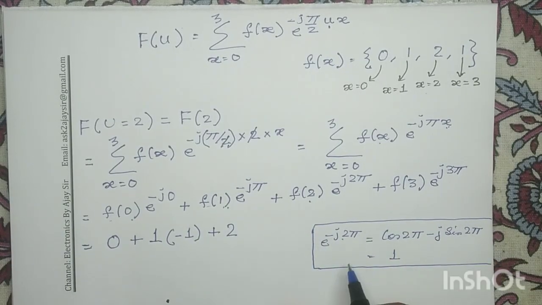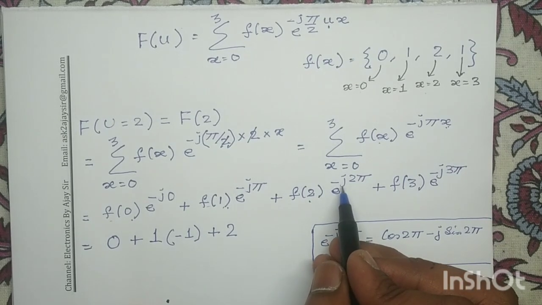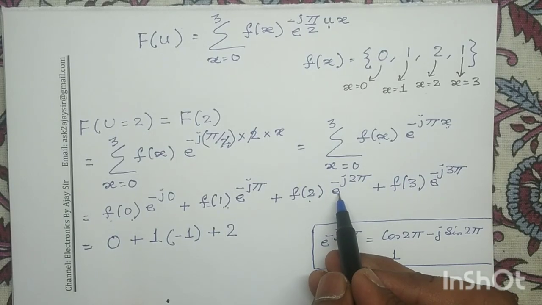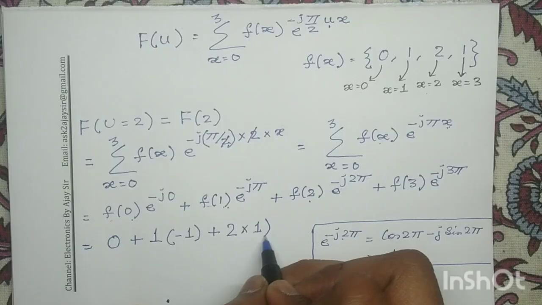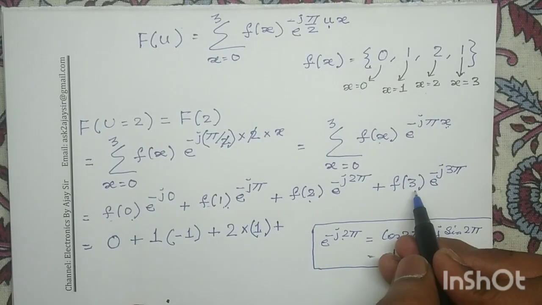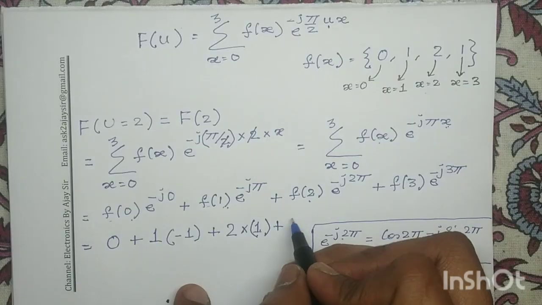So we have obtained e to the power minus j 2π equal to 1. Here I will substitute e to the power minus j 2π equal to 1. Next f(3), that is f(x) at x equals 3, is 1.